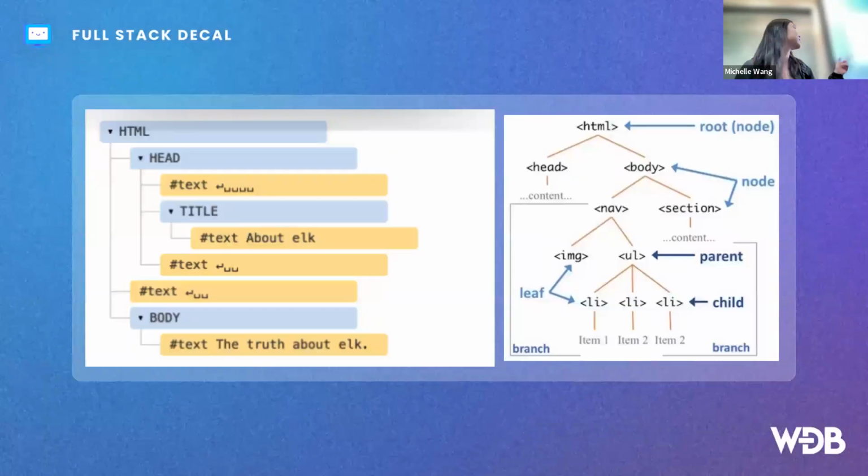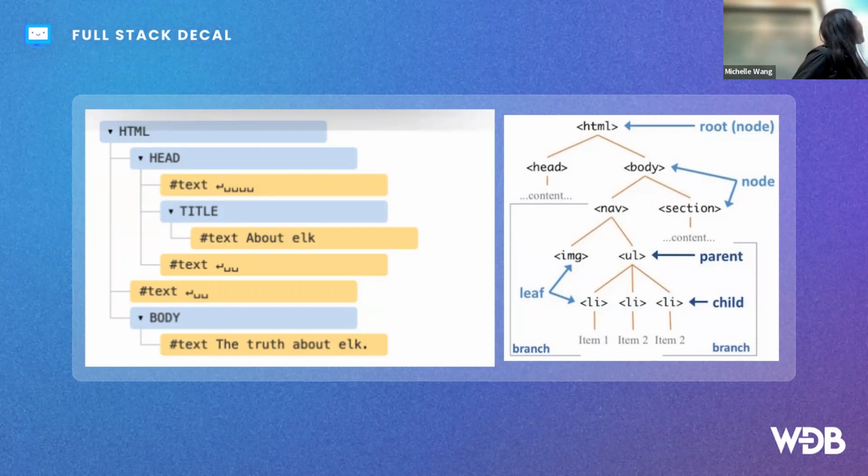So for example, this is the structure of an HTML page and the DOM. You see the HTML first tag is the root node, and then the head and the body are child nodes of that, and then each node has child nodes of its own.